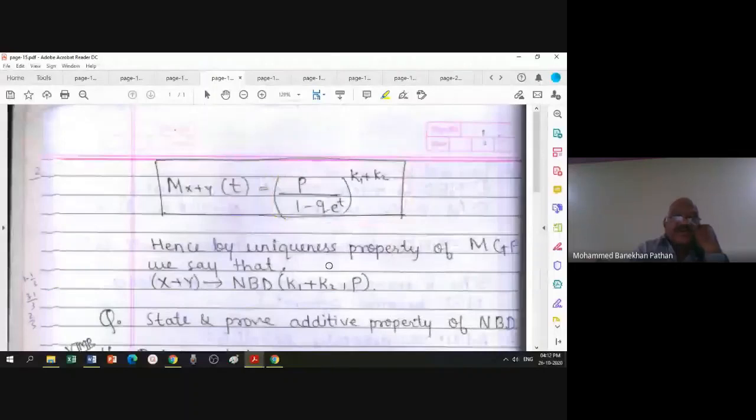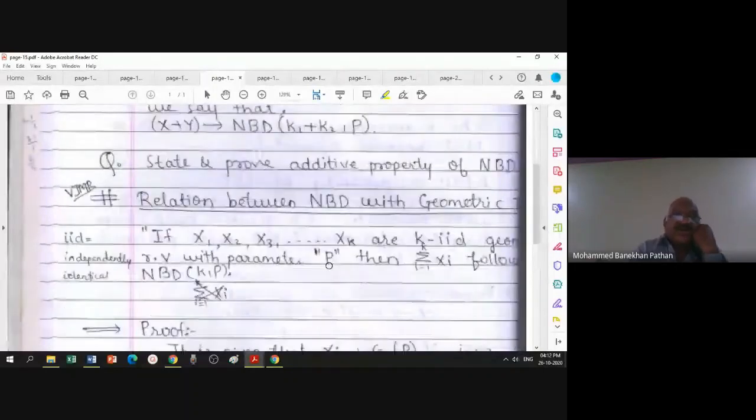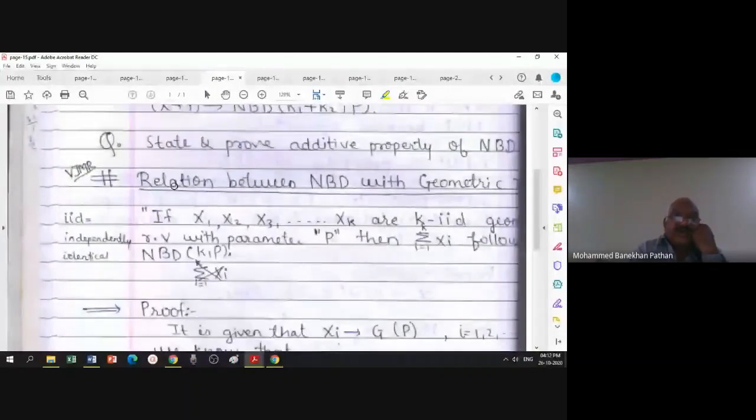Now my next topic is the relation between NBD and the geometric random variable. At the beginning, I told you geometric is a particular case of NBD. How is it a particular case?